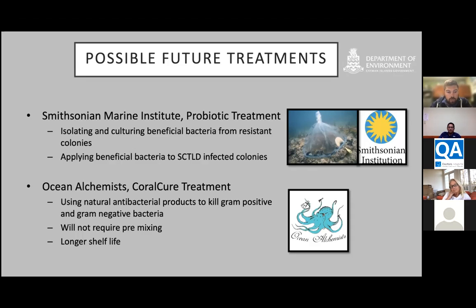Hopefully from this, they will isolate and culture strong, positive bacteria that are resistant to SCTLD as a disease. This research is still ongoing, but they're making very good progress, and we expect to hear more positive news soon.